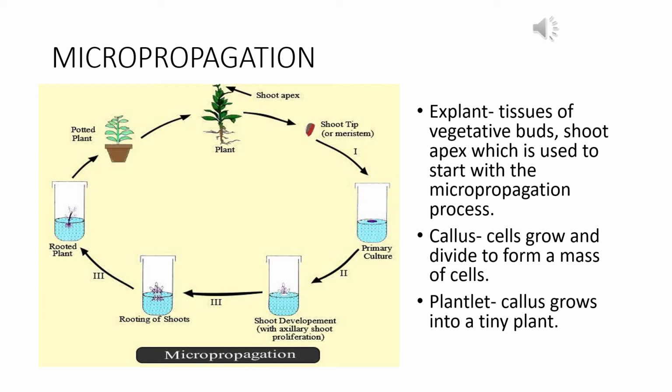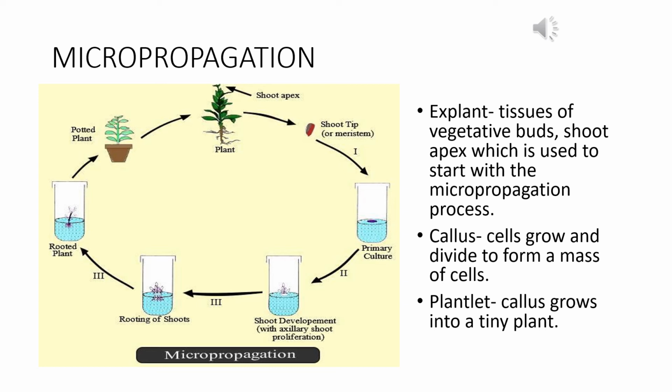It is the growing part of the plant, so it is composed of meristematic tissues. Then we keep the shoot tip into a primary culture. The primary culture is a solution with the essential nutrients required for the growth of the plant. After some days, the shoot development will begin with axillary shoot proliferation.